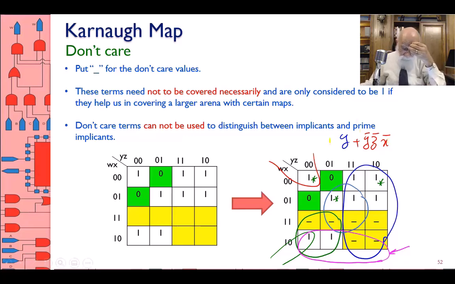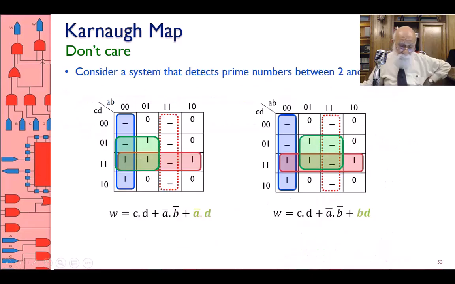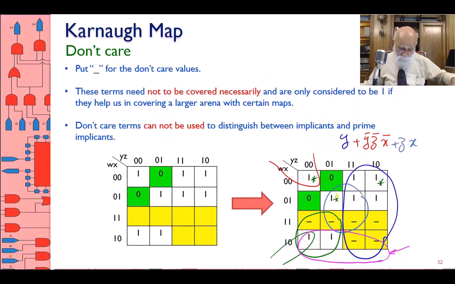Okay, let me write the essentials first: z, x. Okay, these are all essentials. And then I have 1 down below that can be covered by 2 groups, either this.